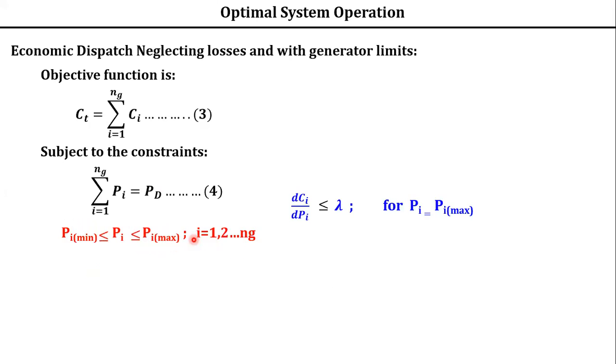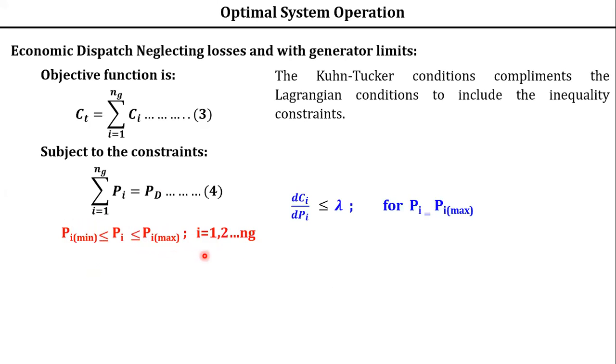Now with this, what are you going to say? Let us see. We have to apply the Kuhn-Tucker conditions to this equation, which complement the Lagrangian conditions to include the inequality constraint. Till this point, we have applied Lagrangian conditions, using the Lagrangian multiplier.